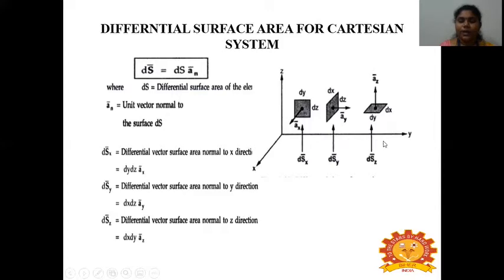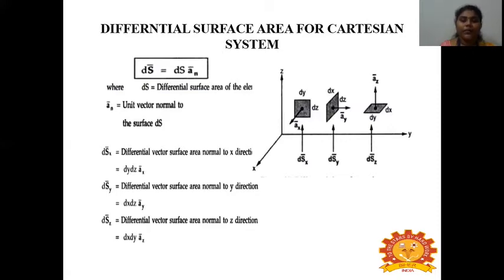Next, for the third axis, the z-axis, the unit vector will be in the upward direction, that is the az vector. This is normal to the plane of the remaining two axes, dx and dy. So the surface area for az is given by dx into dy into az vector. This is how we obtain the differential surface area for the Cartesian coordinate system.